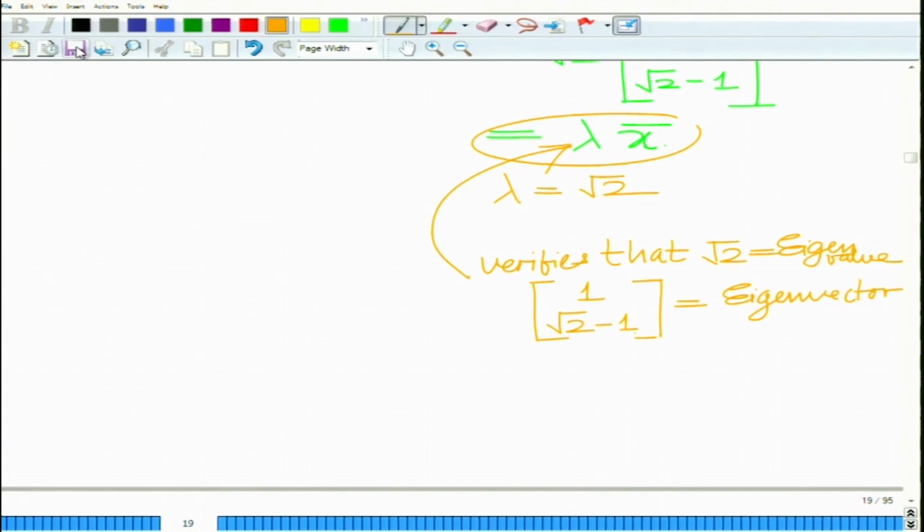So, this verifies both the facts that square root of 2 is the eigenvalue of this matrix A, and 1, square root of 2 minus 1 is the eigenvector.